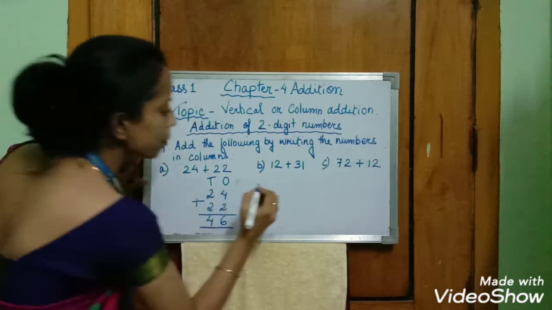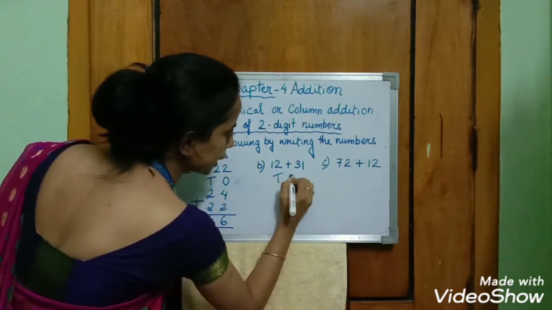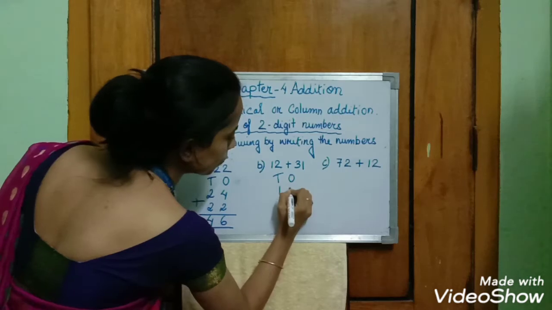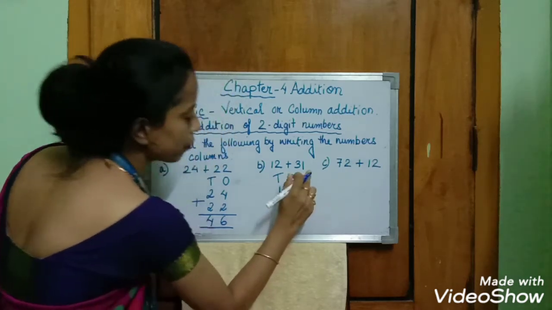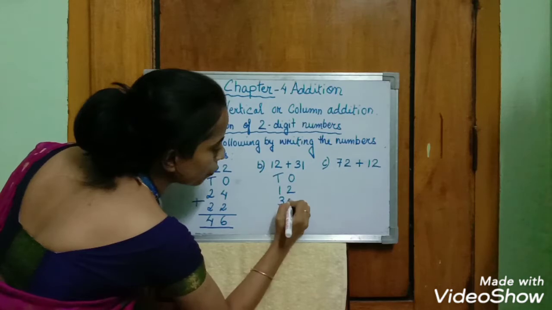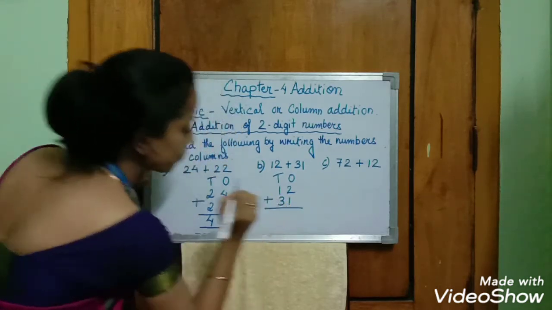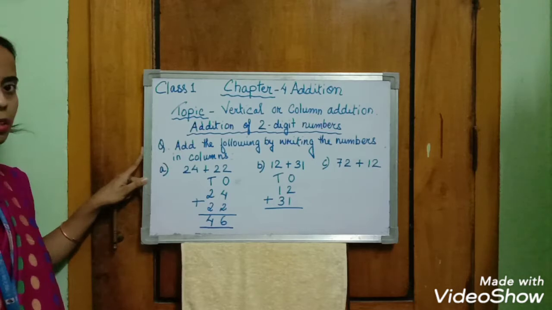Done? Now number B. Again we will write tens and ones because these are all 2-digit numbers. 12. Below 12 I will write 31. I have written 31. Now I will add it up using the plus symbol.